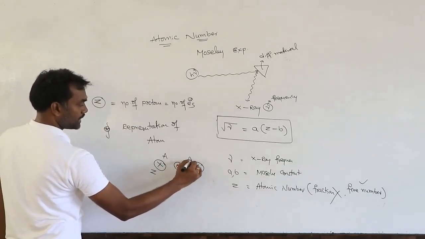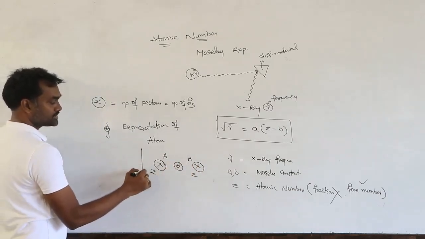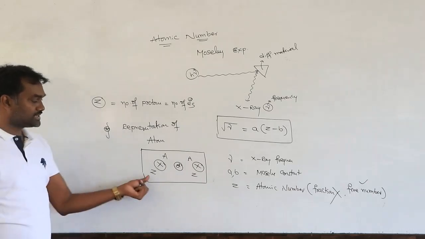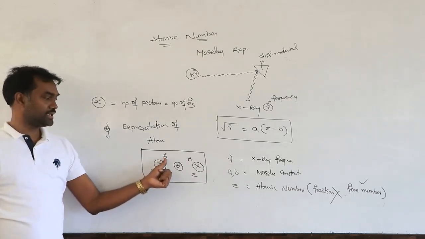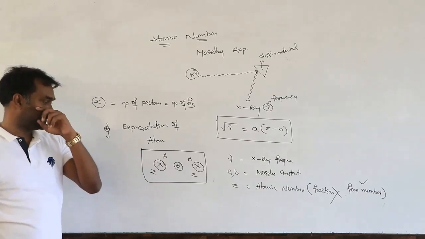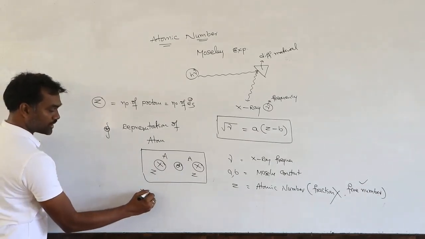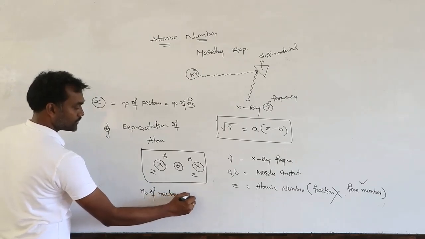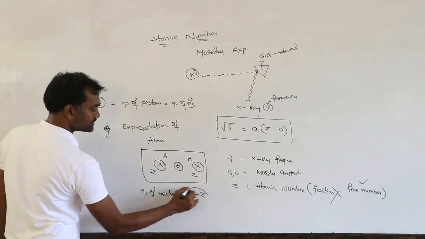The atom is represented like this, with Z the atomic number and A the atomic mass value. The number of neutrons is A minus Z.